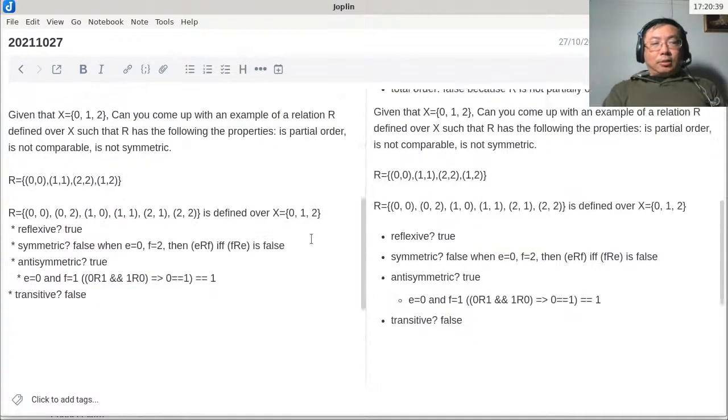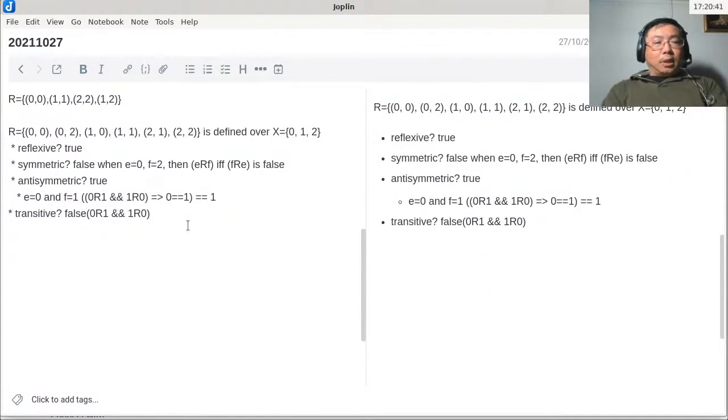So let's go back to our current example. Now this is false because if I make E equal to 1, F equal to 0, and G equal to 2, then it is not transitive. Because in this case, 1 R 2 is not in R. It's false. That's really redundant.